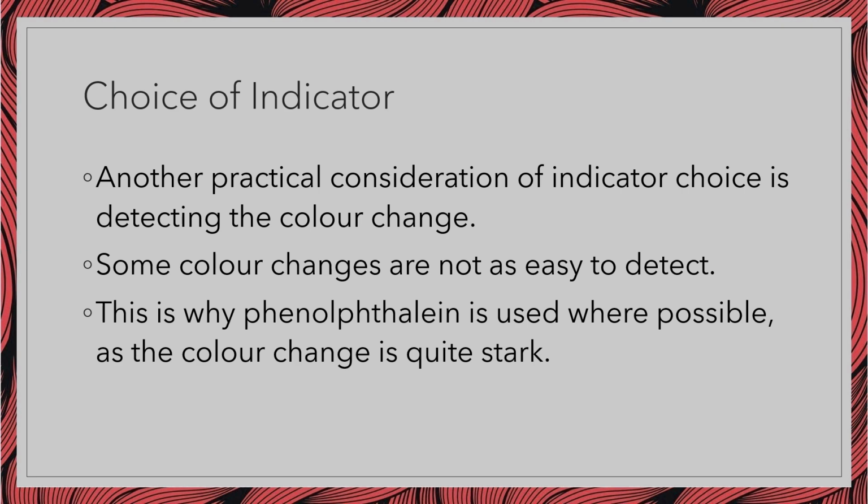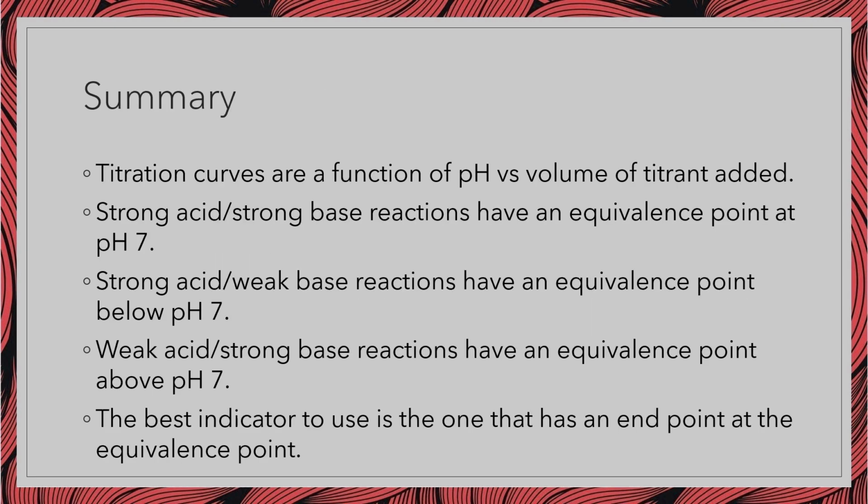Another practical consideration is detecting the color change. So like I was just saying, some color changes are not as easy to detect. That's why with phenolphthalein, we typically go colorless to pink, because that is a super, super different change. It's so completely obvious when it starts to change. So in summary, titration curves are a function of pH versus volume of titrant added.